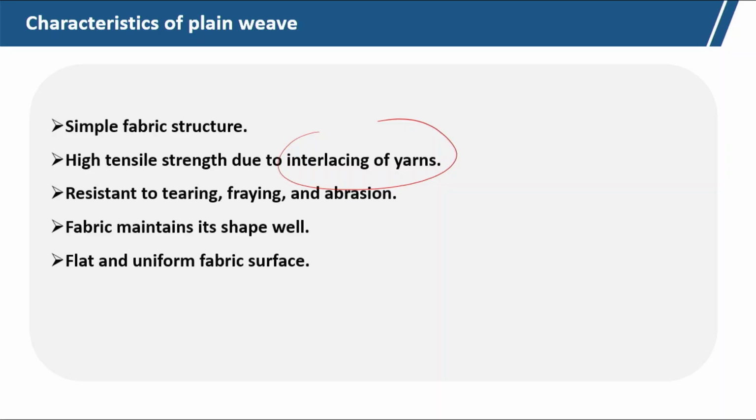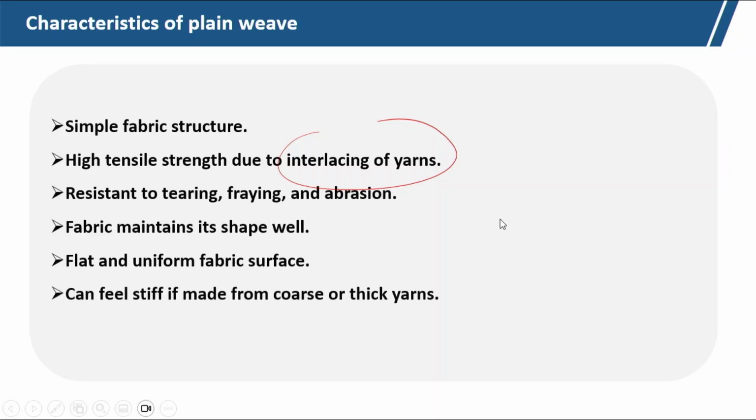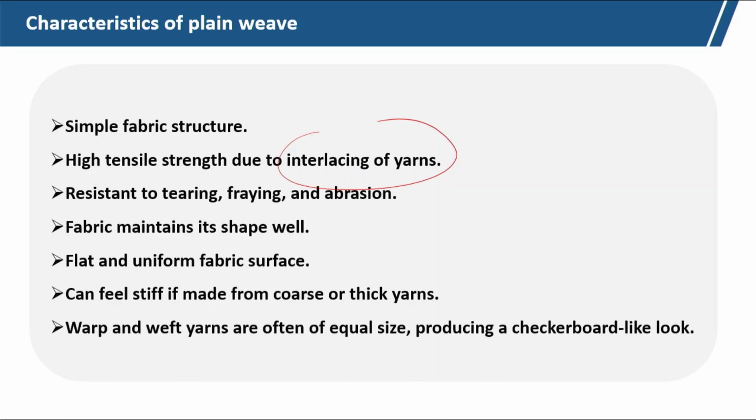So, because of this structure, the surface is uniform. It can feel stiff if made from coarser or thicker yarn, that is okay due to the yarn bending rigidity. Warp and weft yarns are often of equal size, producing a checkerboard-like look.